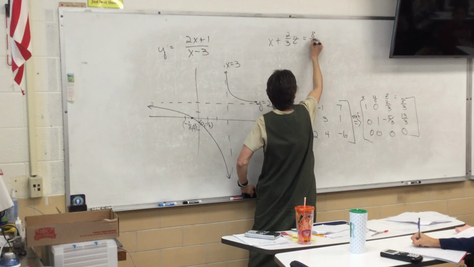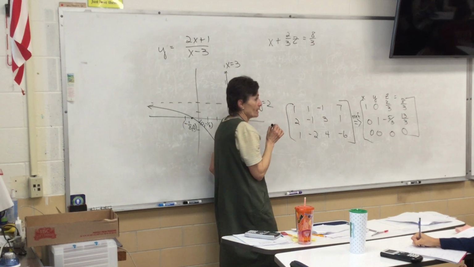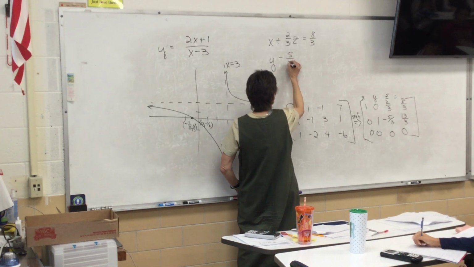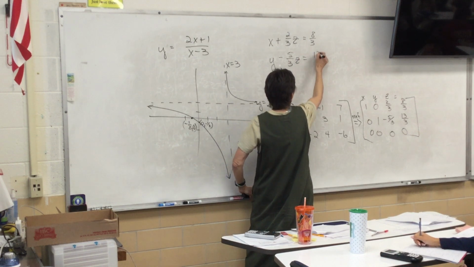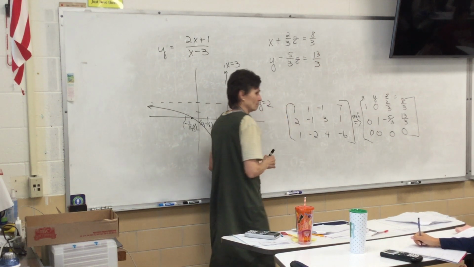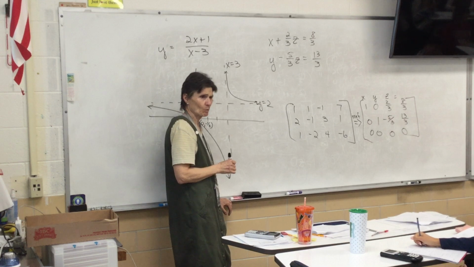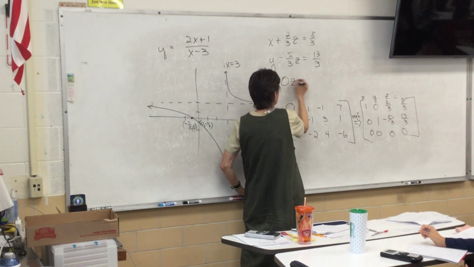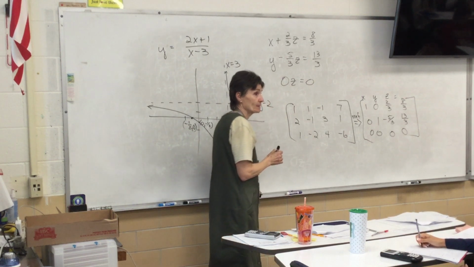Would you agree with that? Yes. And the middle row says y minus 5/3 z equals 13/3. What does the bottom row say? Well, it says 0z equals 0, right?